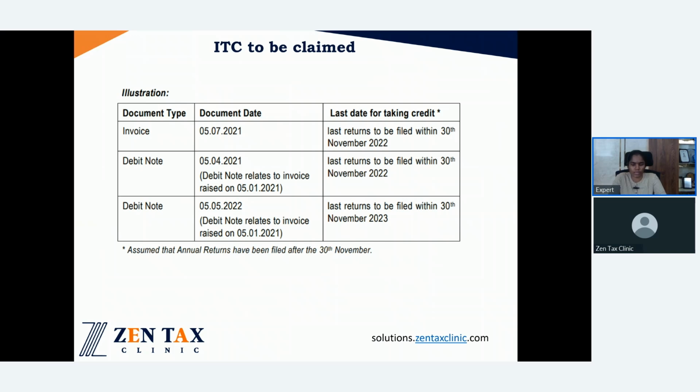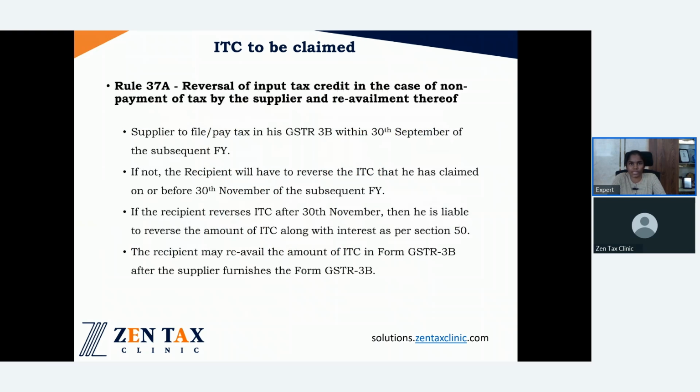So the next important aspect of GST compliance is Rule 37A. This talks about the reversal of input tax credit in the case of non-payment of tax by the supplier and re-availment thereof. As we saw, section 16 subsection 2 spoke about a condition where the supplier should have paid the tax on the supply made to the registered person for the registered person to have claimed the ITC.